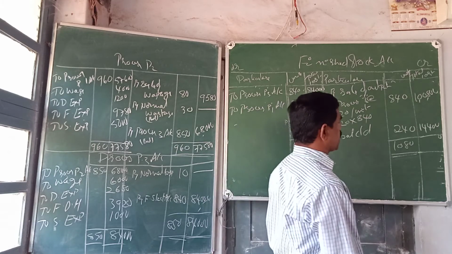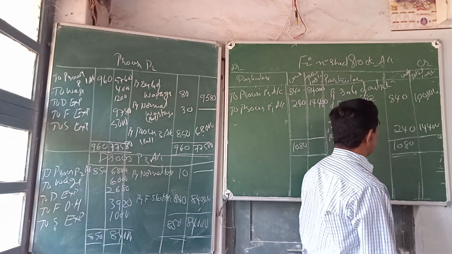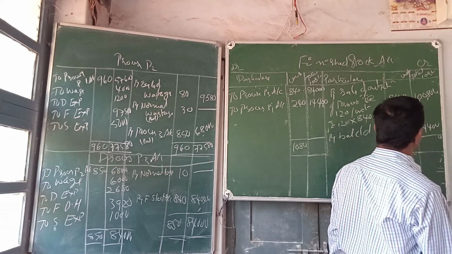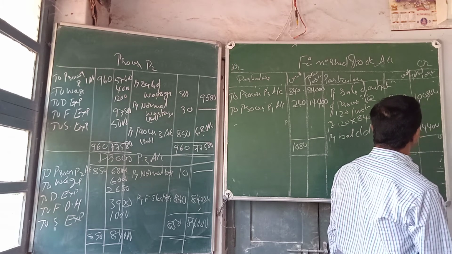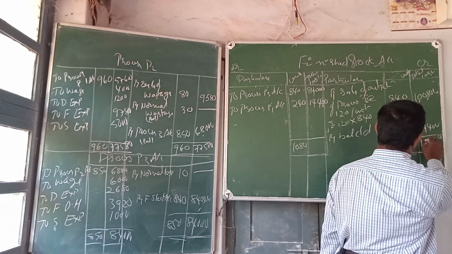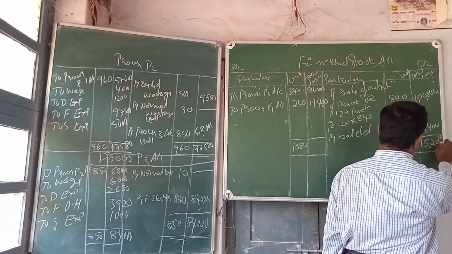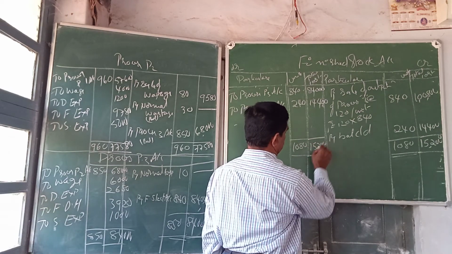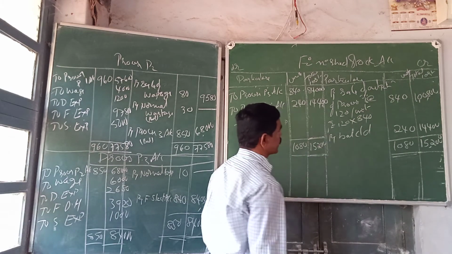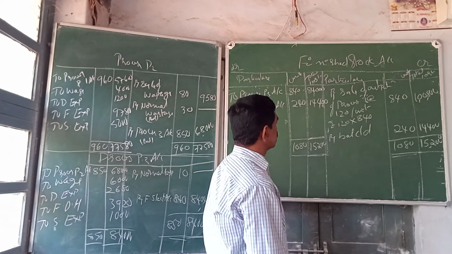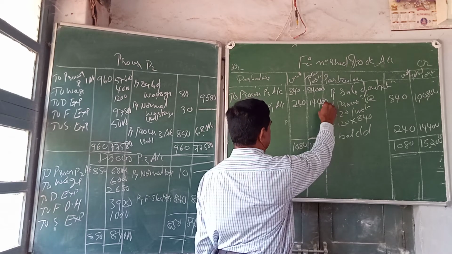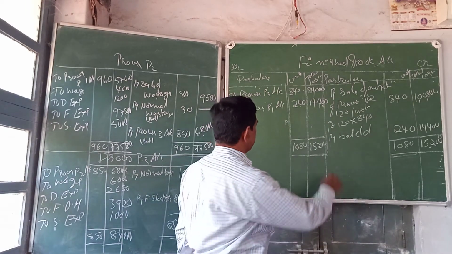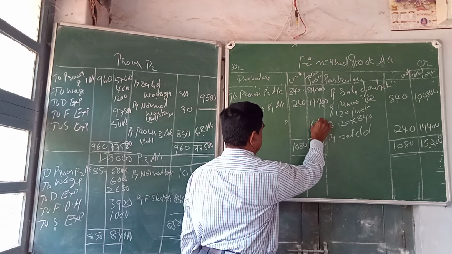Now the credit side is more. 1,08,000 plus 14,400 gives 1,22,400 or 1,15,200 is the total. So the difference is how much? 16,800 is the difference.